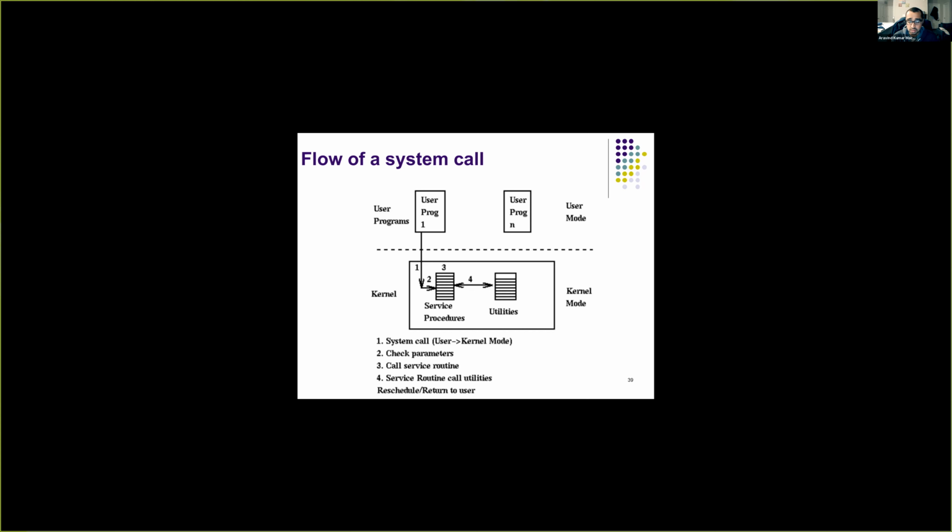Once the parameters are valid, it will call the corresponding system call code, and the system call might call the corresponding utilities. For instance, open system call might actually call various utility functions that deal with opening a disk or reading a disk. And then once the system call finishes, the control is returned back to the user program so that the program can continue execution.